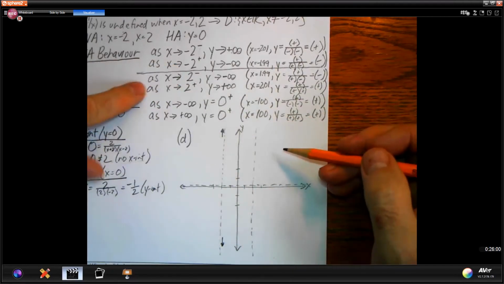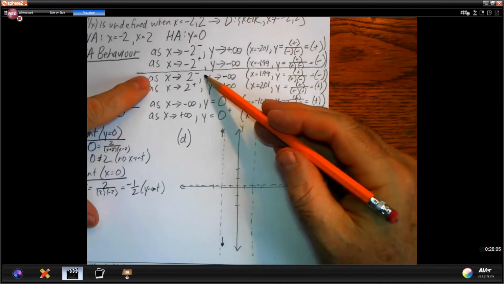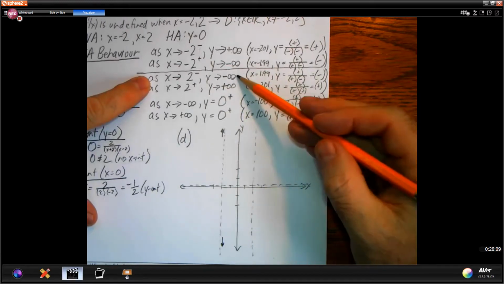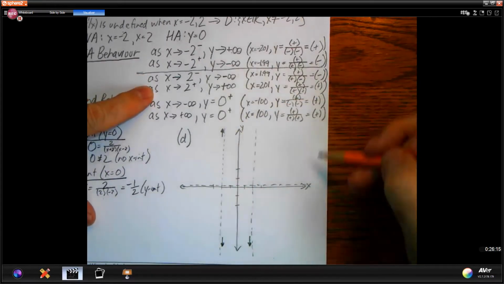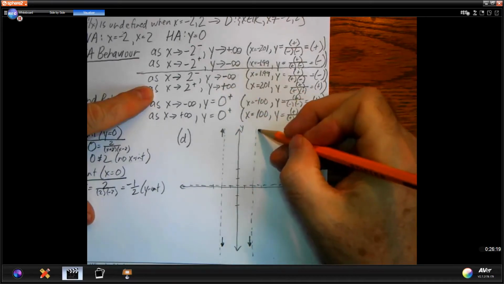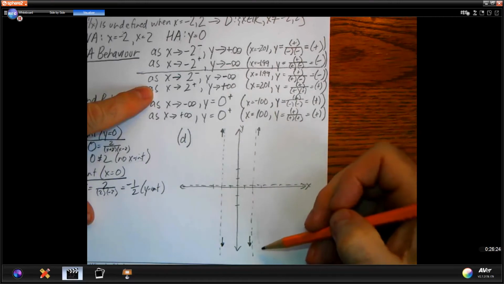You're only going to have one on each side, and it's just a matter of is it the top or the bottom. For our next asymptote at +2, as I approach 2 from the negative side, as I'm coming this way, y is approaching negative infinity. So it's also down here like the previous one. And as I approach 2 from the positive side, from the right, y is approaching positive infinity. So I've got my 2 arrows per vertical asymptote.